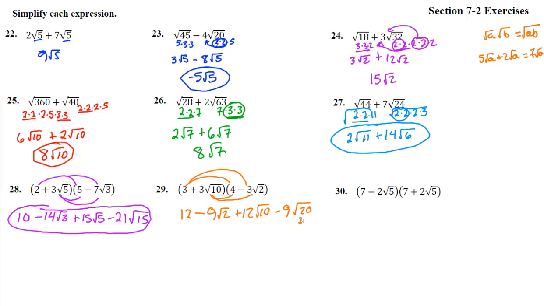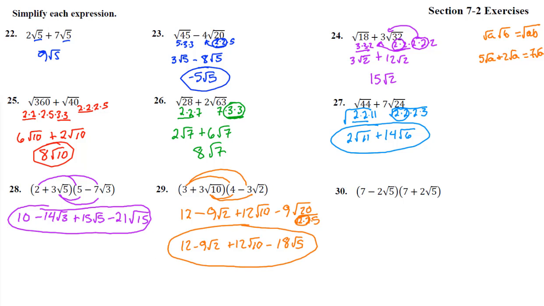This is 2 times 2 times 5. So square root of, there we go. That'll come out and make it 12 minus 9 square roots of 2 plus 12 square roots of 10 minus 18 square roots of 5. Is that as simple as we can get it? Yes. And this square root of 10, that's the square root of 2 times square root of 5, so it doesn't simplify down, so we do not have like terms in order to make that nicer.